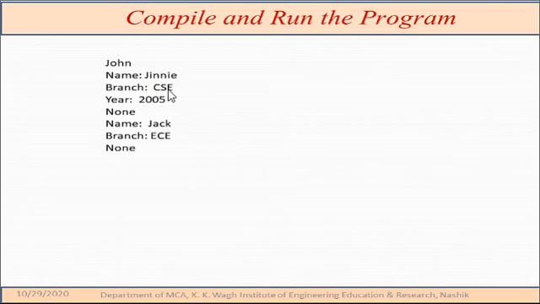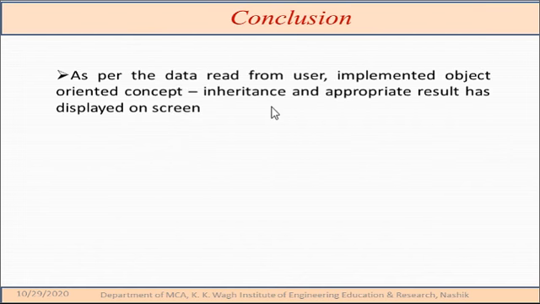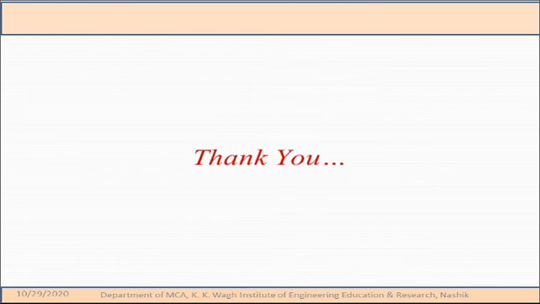Then branch is CSE and the year is 2005, whereas for teacher only name and branch are considered here, that is Jack and ECC branch. This is all about this assignment number 11, that we have taken the data from the user in the form of the parent class and the child class, implemented the inheritance concept and displayed the appropriate result on the screen.